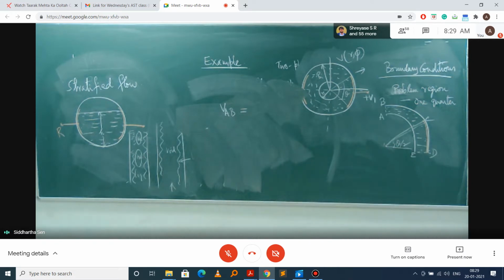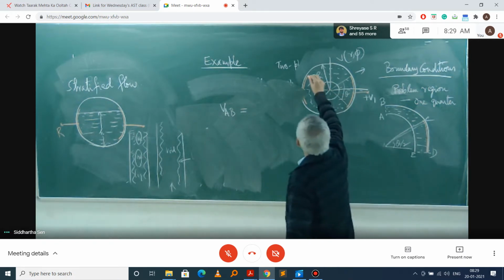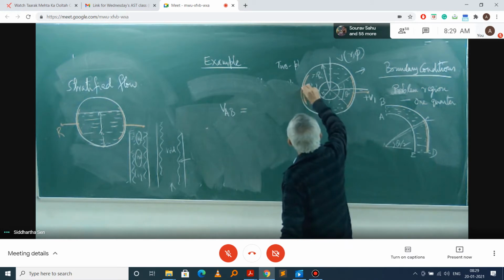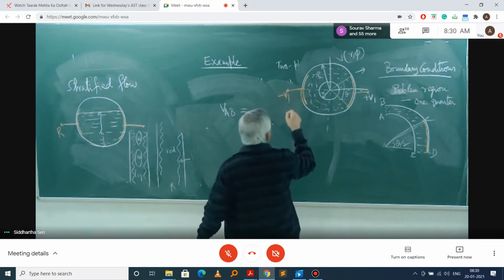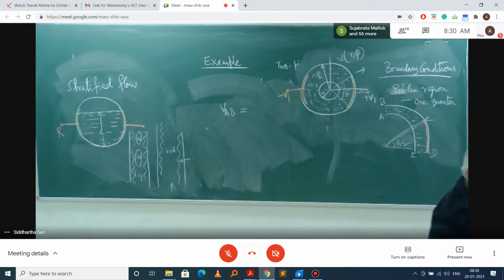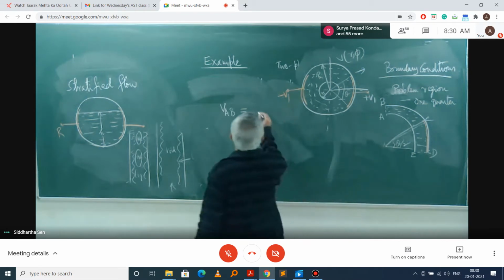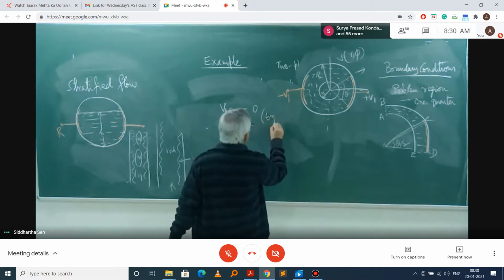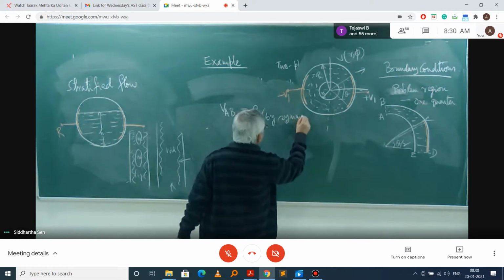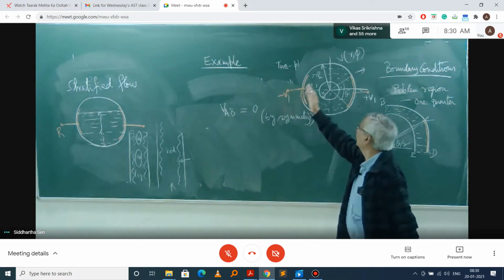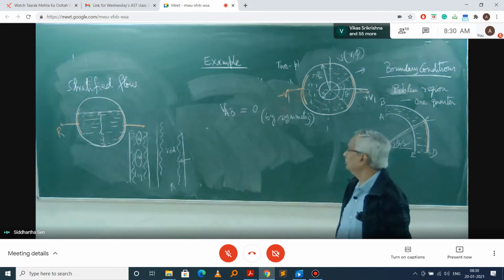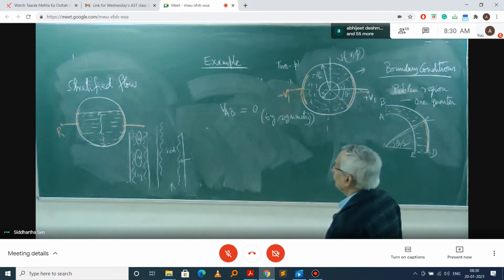The potential VAB is equal to 0 by symmetry, because I have given plus V1 on one side and minus V1 on the other. At the half position, from symmetry, I can make VAB equal to 0.